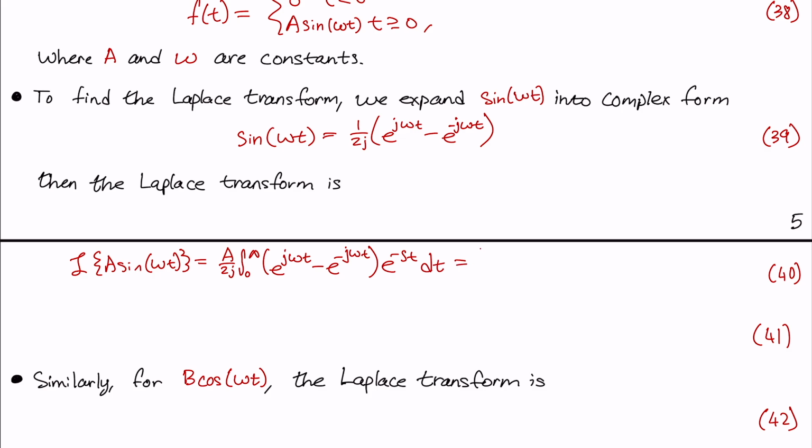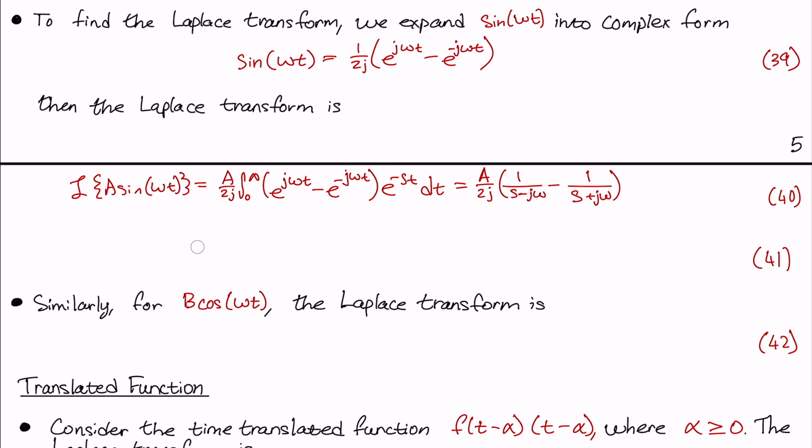This will end up being equal to a over 2j times 1 over s minus j omega minus 1 over s plus j omega. Then you can go and compute this out, and you'll find that the Laplace transform of a sine omega t is equal to a omega divided by s squared plus omega squared.